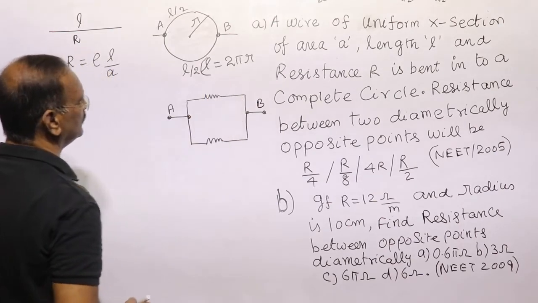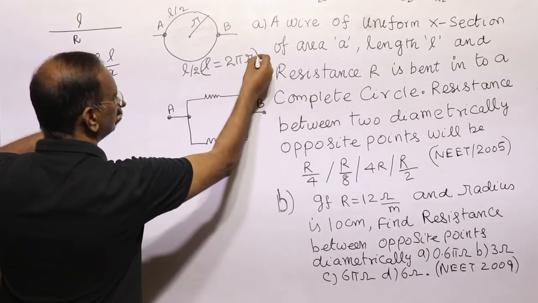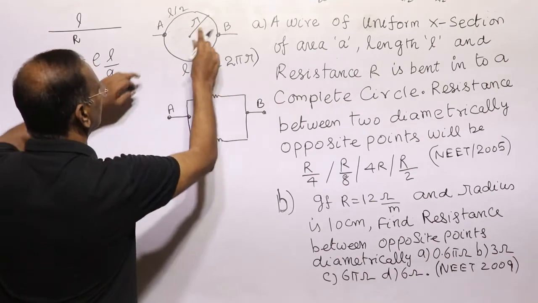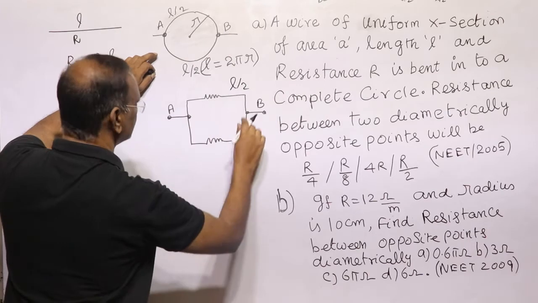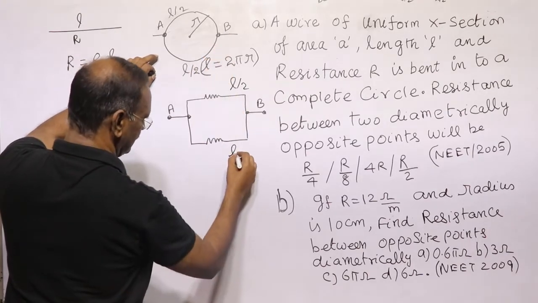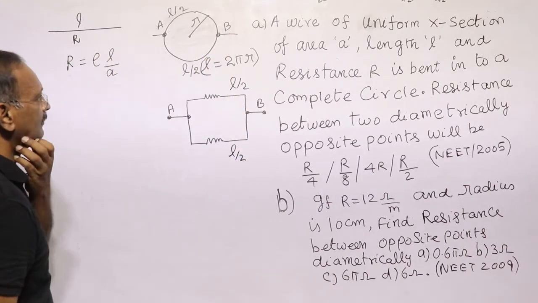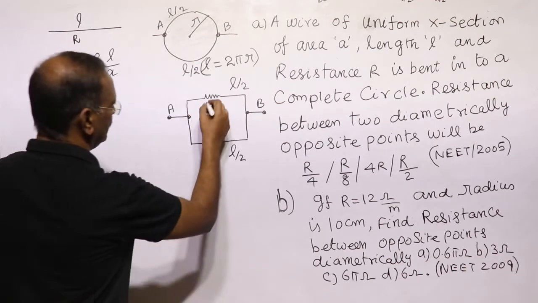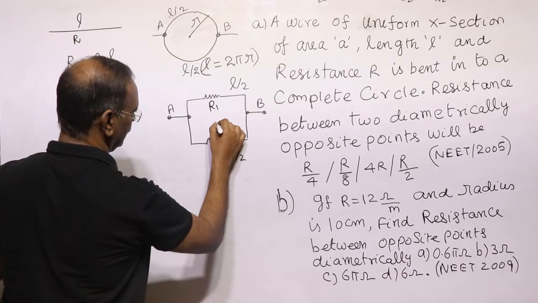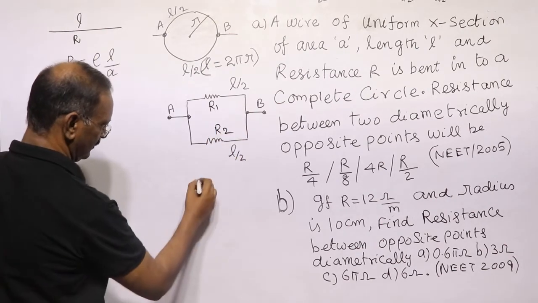Both are parallel circuits. What about the resistance? Each path has half the length, L by 2. We call the resistances R1 and R2.